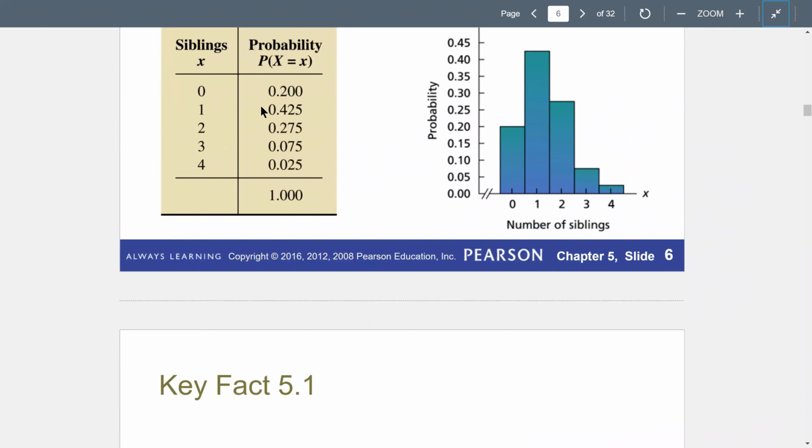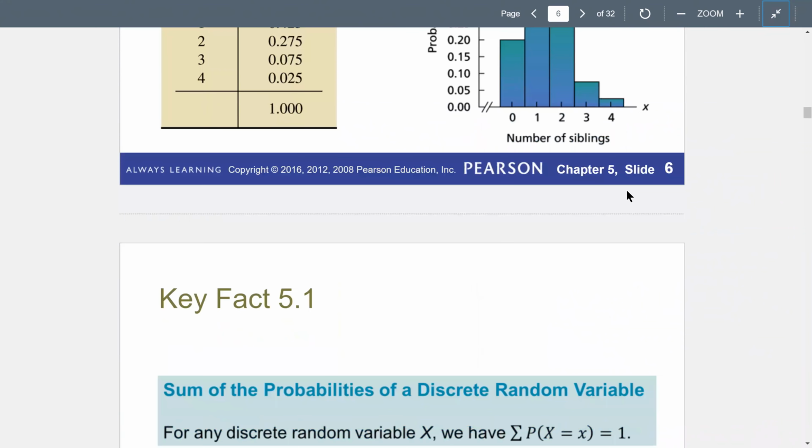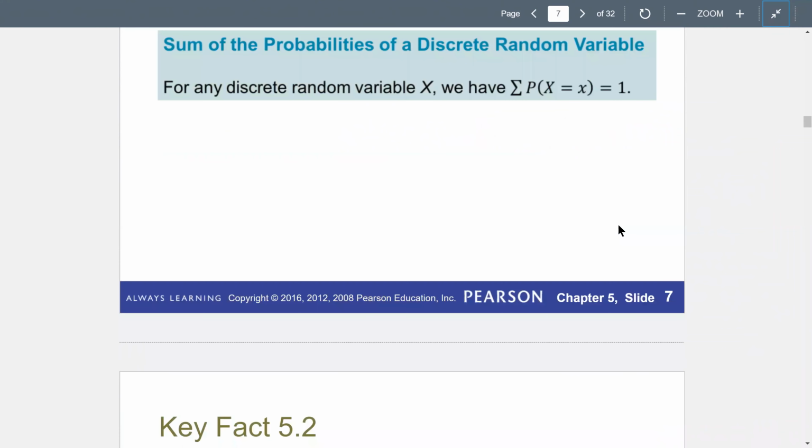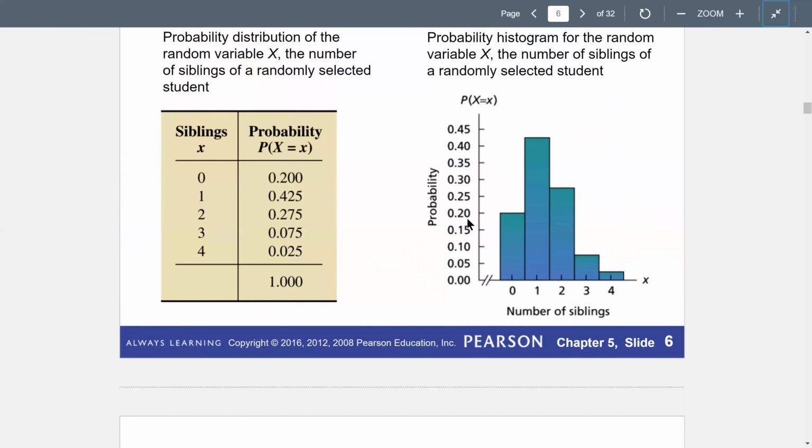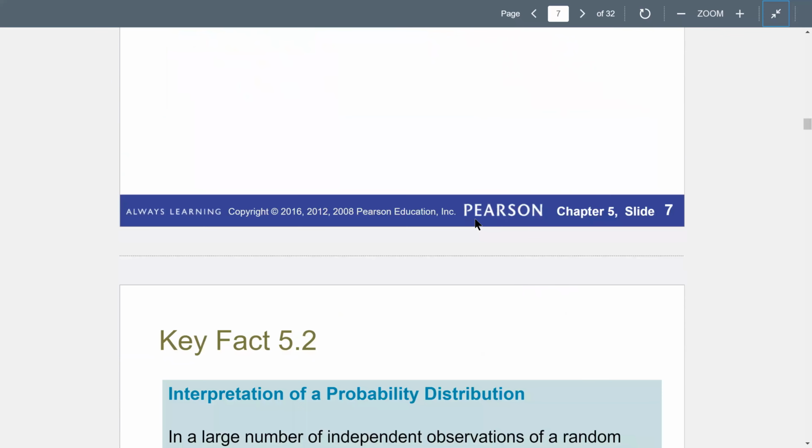The height corresponds to the value in the second column, the probability. So that's a way to display the distribution. And the sum of the probability column must be equal to 1, right?